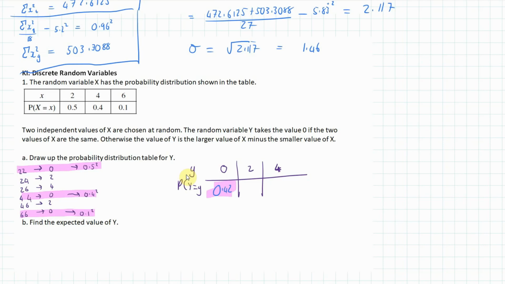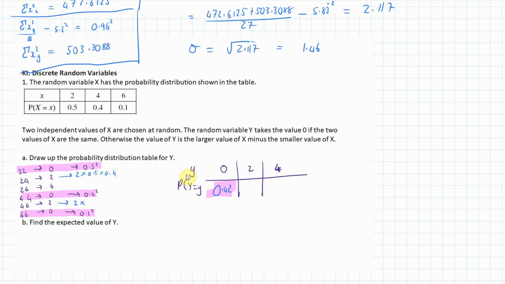Now, here's a way of getting 2. Hopefully you can see there's two ways of doing this. We get 4, 2, or 2, 4. So it's going to be 2 times 0.5 times 0.4. The other way we can get a score of 2 is if we have a 4 and a 6. There's two ways: we can get 6 and 4 or 4 and 6.